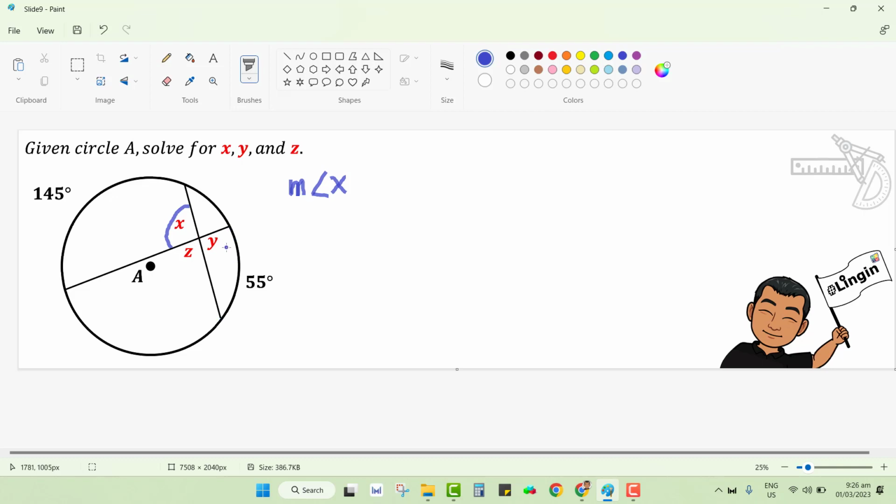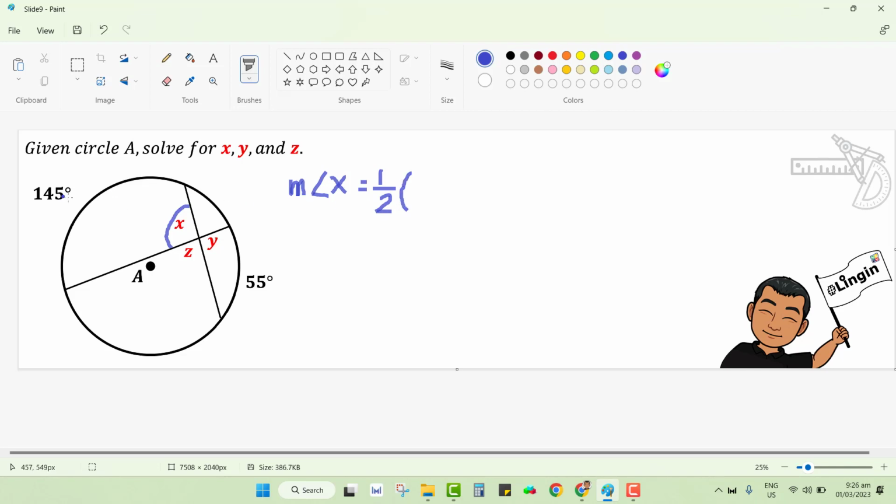Again, let me repeat: the measurement of an angle formed by two chords is equal to the average of its intercepted arc and the intercepted arc of its vertical angle. When you say average, it means we add and divide by two, or simply use the term 1/2.